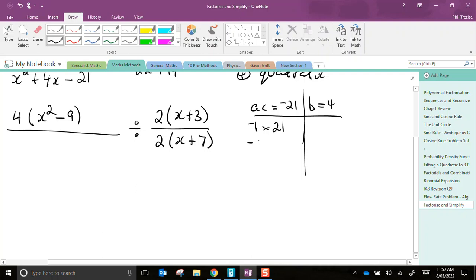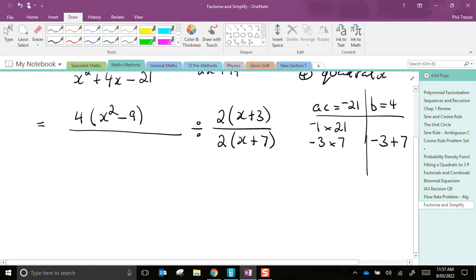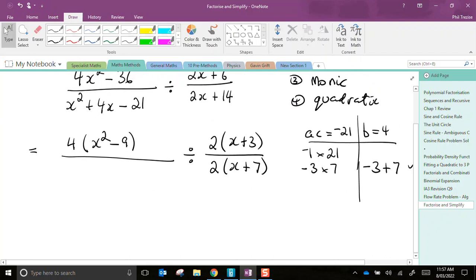I could have negative 3 multiplied by 7. That gives negative 21, and negative 3 added to positive 7 does give the 4. So those are the two numbers we're dealing with, negative 3 and 7. So my quadratic trinomial over here becomes x minus 3, x plus 7. That's good. Now let's see where we can go from here.